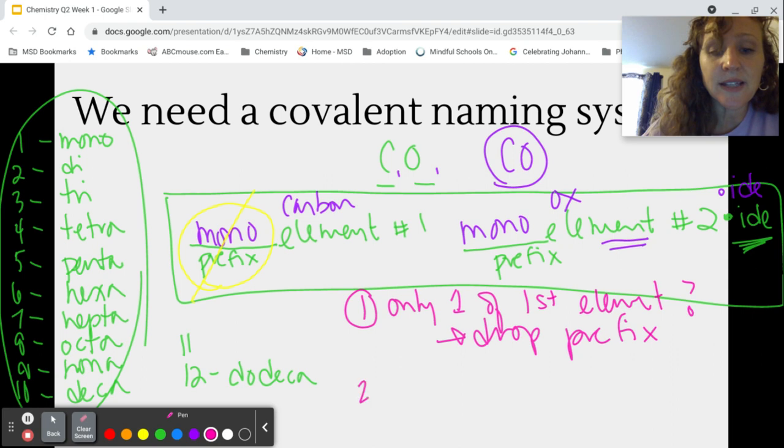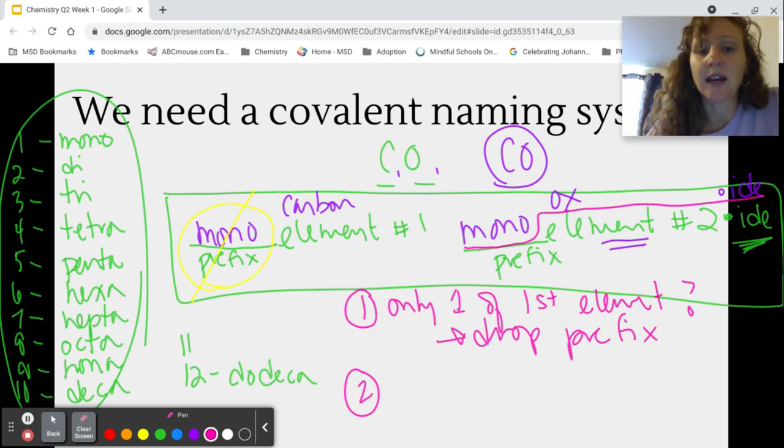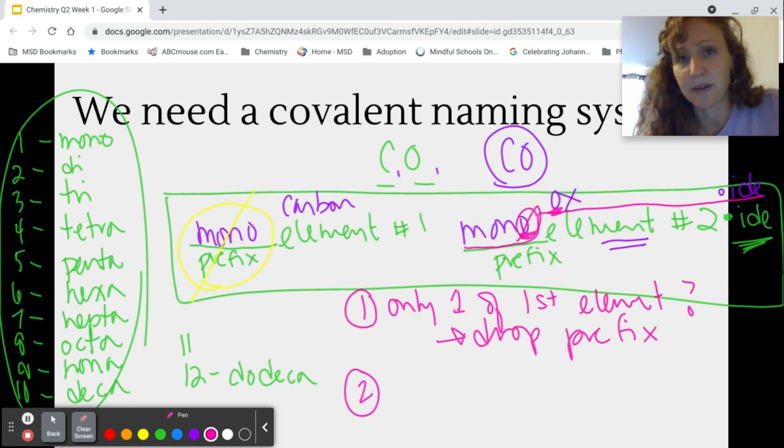The only other exception we see is when we have double letters. So notice in this case, it's monooxide as I've written it, but we don't say monooxide, we say monoxide. Since we have this double vowel here, we're going to drop one of them.